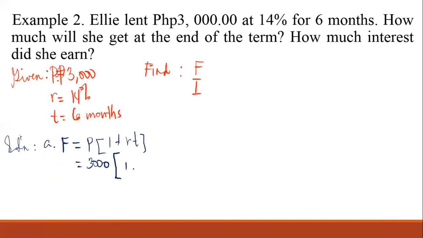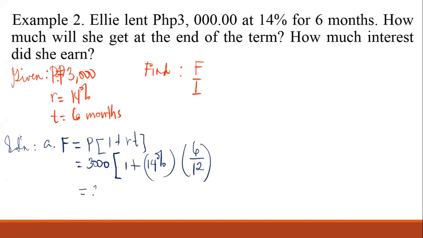Okay, and then 1 plus the rate, which is 14%. And then yung time natin, so 6 by 12 kasi there's 6 months within 1 year. So 12 months naman yung isang taon.